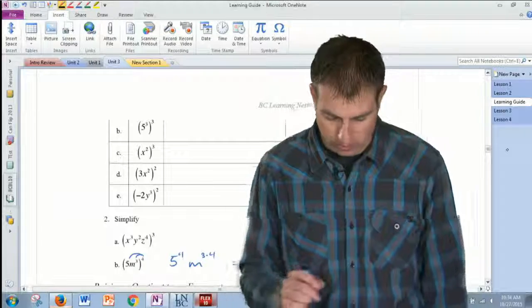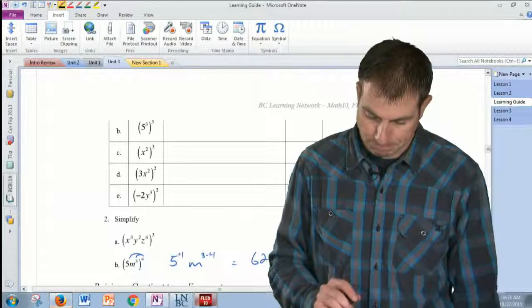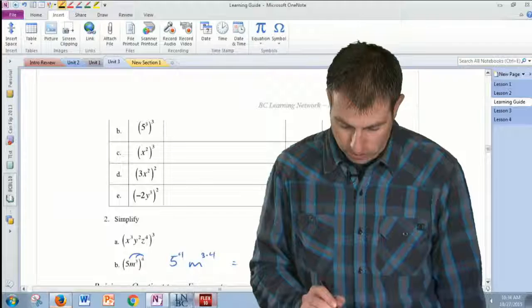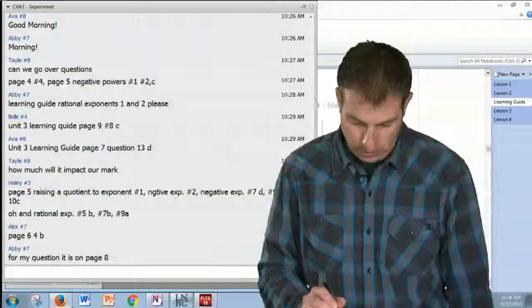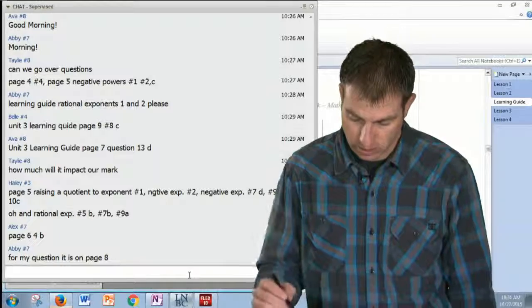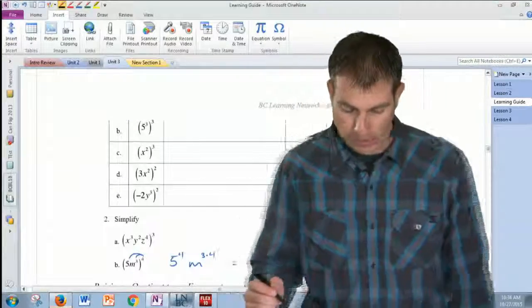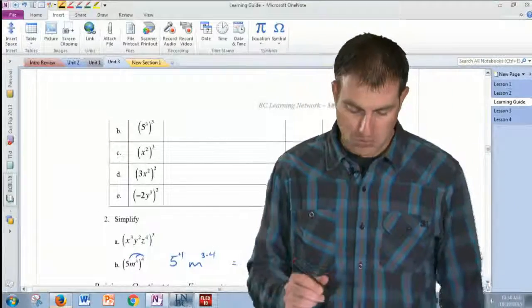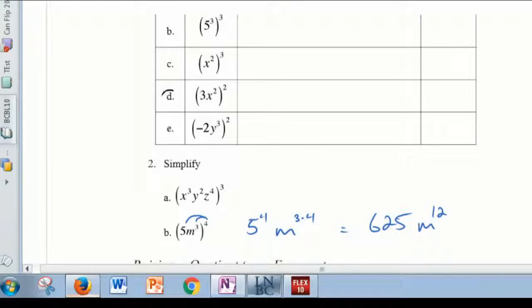Raising a power to an exponent. I forget which one's here now. Page 5, number 1, negative exponent. Number 2, negative exponent 7d. This is all quite confusing. Let's pick a couple of these to do. Maybe we'll pick D here and E. See how we do with those.